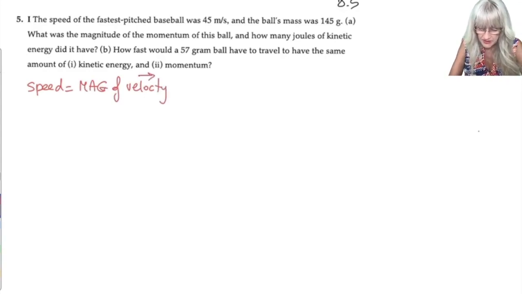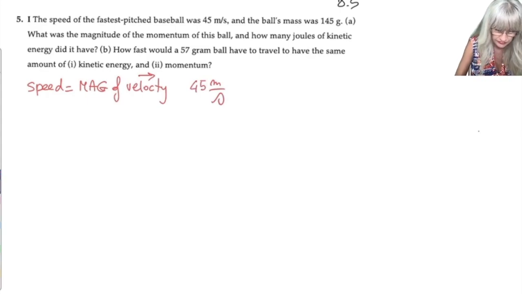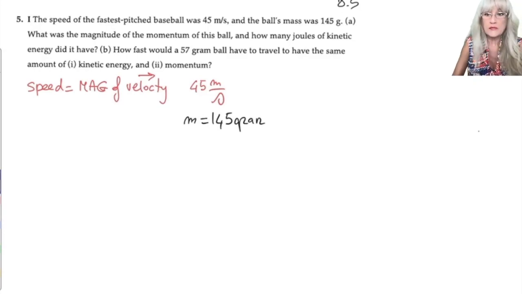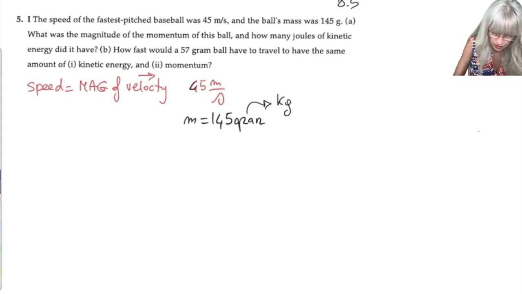This speed was 45 meters per second. The mass of this ball was 145 g, which stands for gram. Remember, we don't want gram, we want kilogram, so we will have to convert to kilogram.